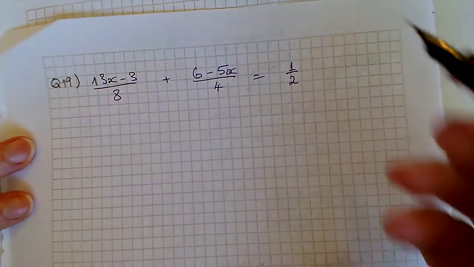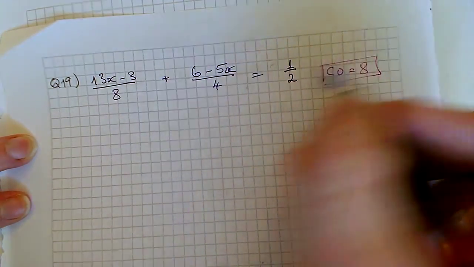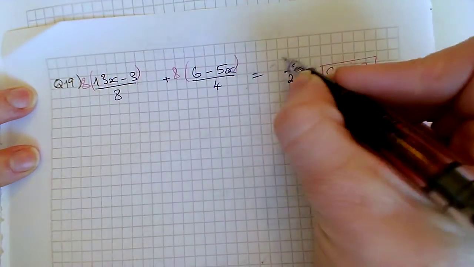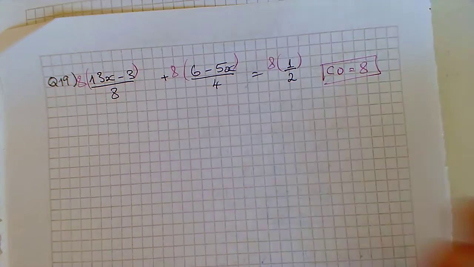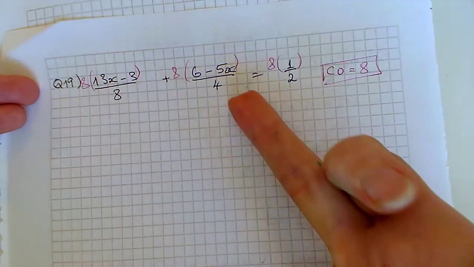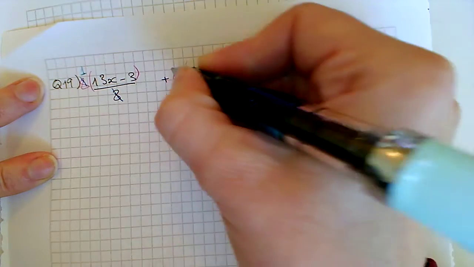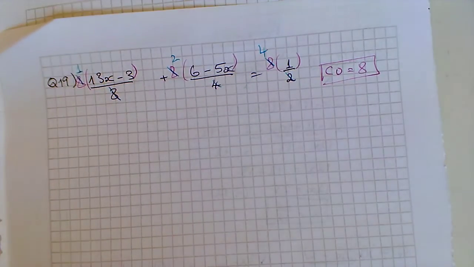The number that all of those denominators will divide into is 8. Because 8 goes into 8, 4 goes into 8, and 2 goes into 8. And when I'm multiplying across by the common denominator, I write it on top because the denominator divides into it. 8 goes into 8 once. 4 goes into 8 twice. And 2 goes into 8 4 times.